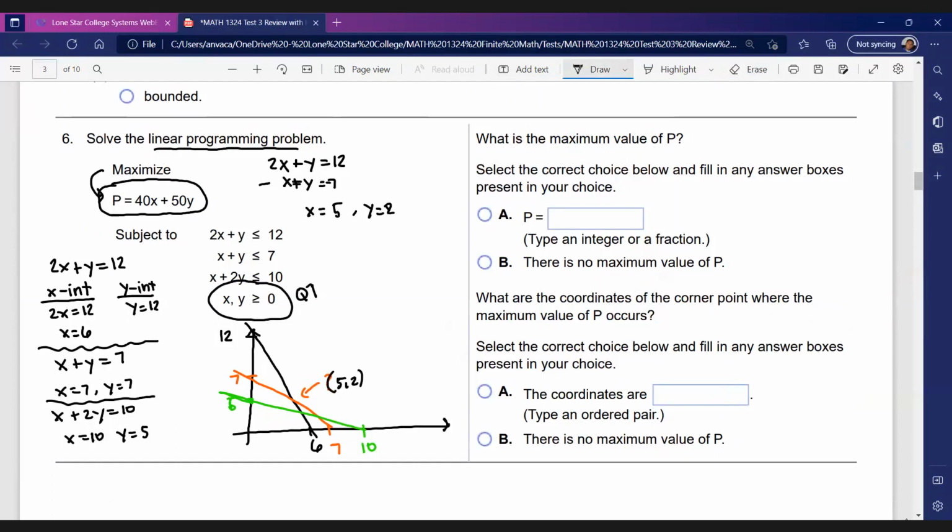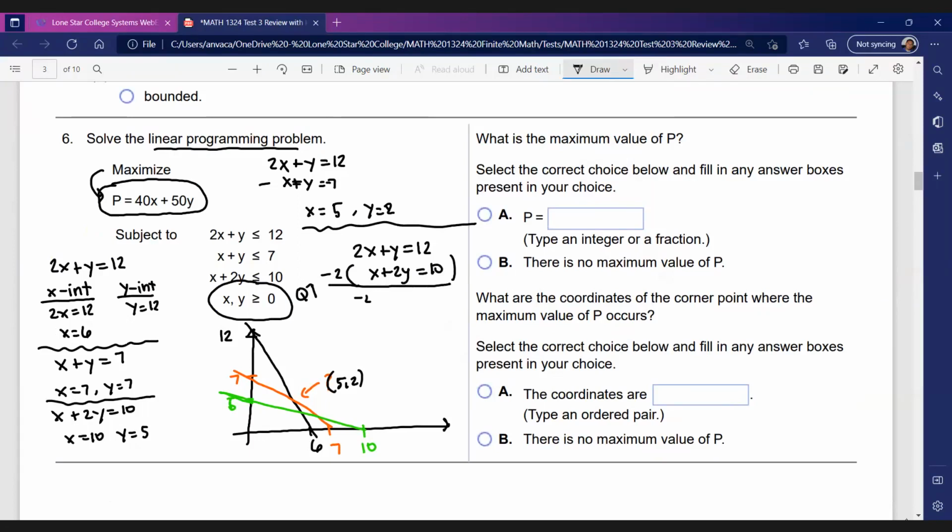Let me see, let's go ahead and find another point of intersection here. Let's do 2x plus y is equal to 12, and I'm going to set it equal to x plus 2y is equal to 10. In this particular case, what I'm going to do is take the bottom equation and multiply it by -2 so I can get rid of the x values.